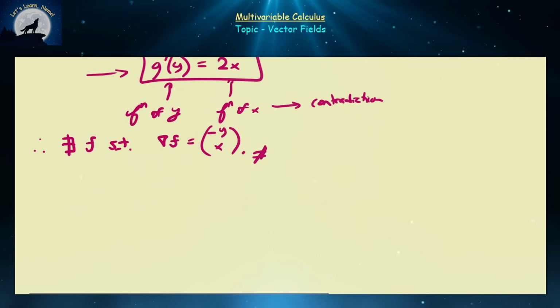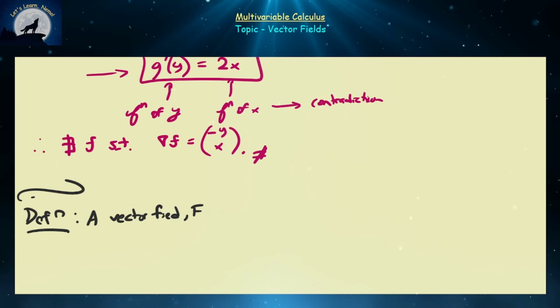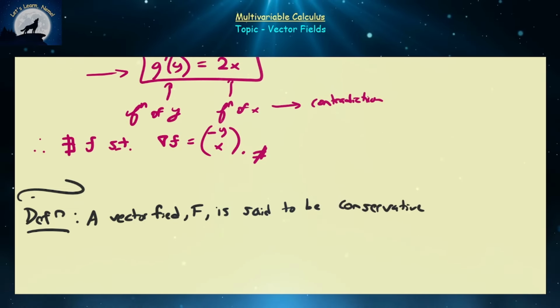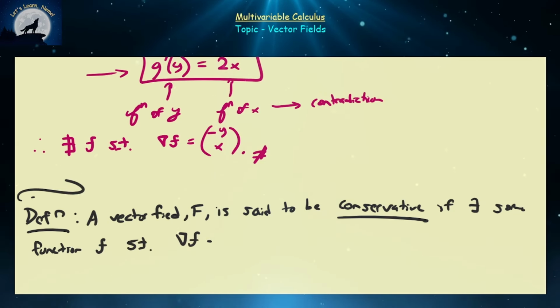All right? So this then motivates the next definition. A vector field, let's call it capital F, is said to be conservative if there exists some function, let's call it little f, such that the gradient of little f is equal to the vector field.